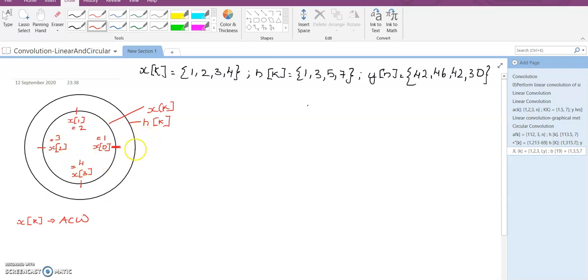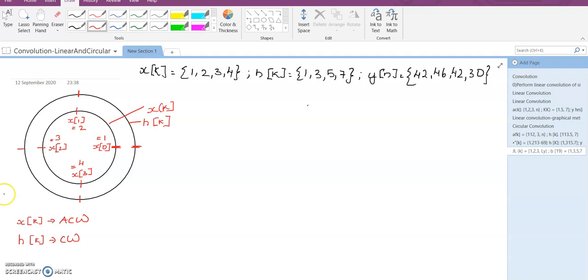Now this same concept can be applied for the outer circle also, where it will represent 4 signal components here. The outer circle h of k will be drawn in the clockwise manner. If you remember the operation of convolution, in the linear convolution graphical method, x of k, a normal signal, was operated upon the folded version of h of k.